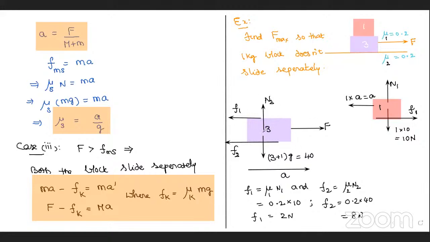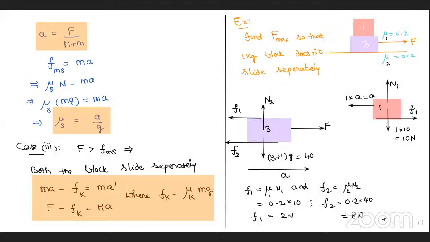Right, good. So on the lower block you can write the equation in the next page. I will stop here after completing this question. Quickly I try to complete. Come to the lower block. It is moving forward with an acceleration, so straight away I write F minus F1 minus F2 is equal to capital MA. Is it correct?